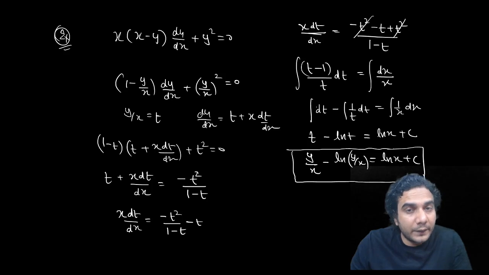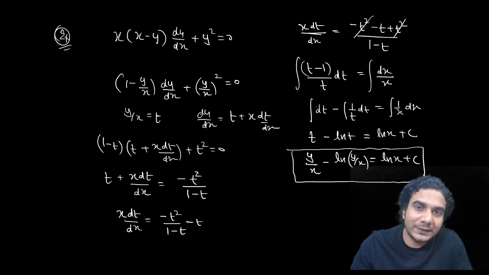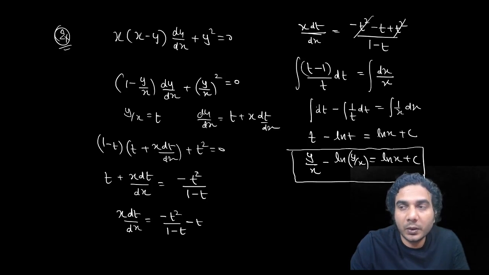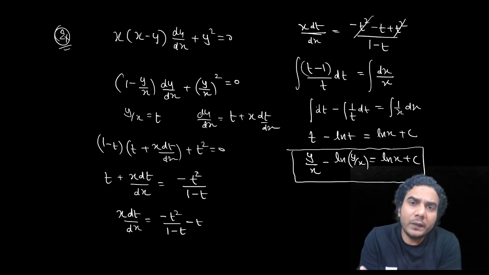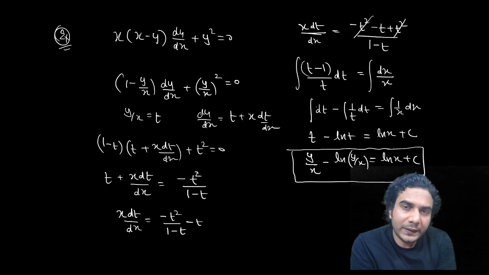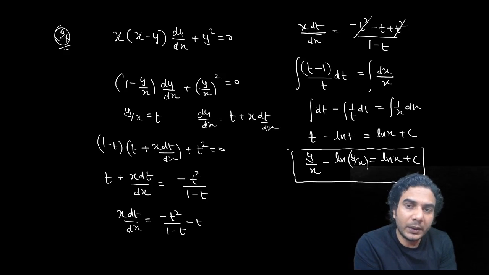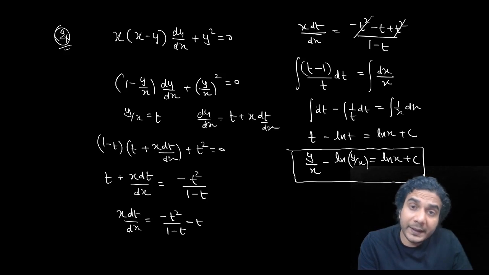Then we did convertible to variable separable. Then we did solving homogeneous differential equation, which is also a method to convert a homogeneous equation to variable separable, okay. Ultimately, whatever differential equation you have, you finally convert it to variable separable, okay, or maybe exact form. Exact form I'll tell you later, that is very, very interesting, okay.